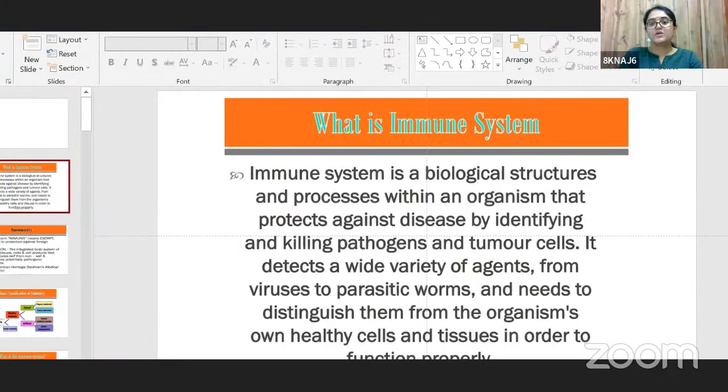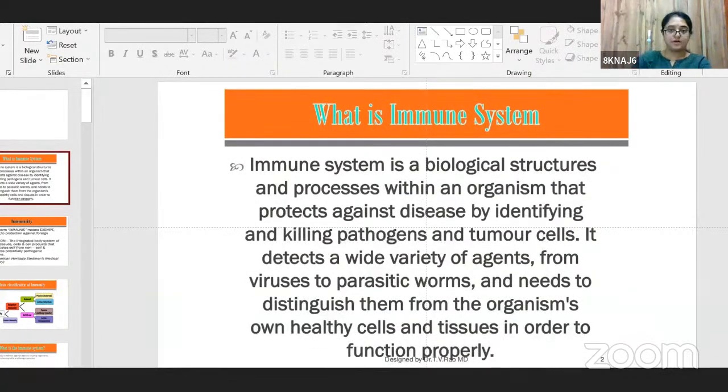Right. So when it comes to an immune system, the first thing you should ask is what is the immune system. It's a set of biological structures and processes within an organism, that is, inside us, that help protect against disease by identifying and killing pathogens and tumor cells.